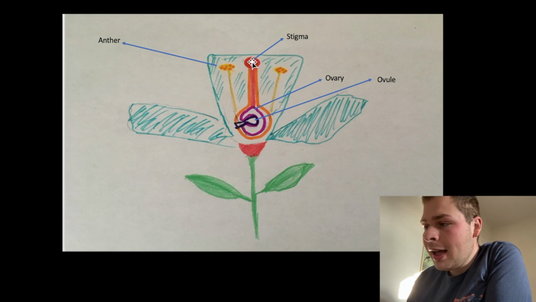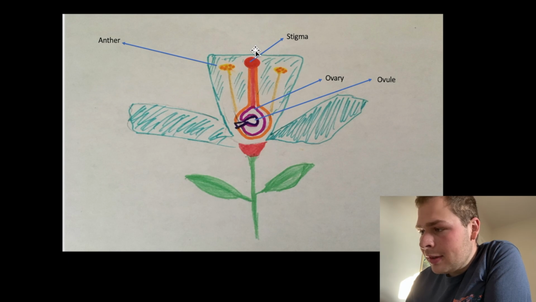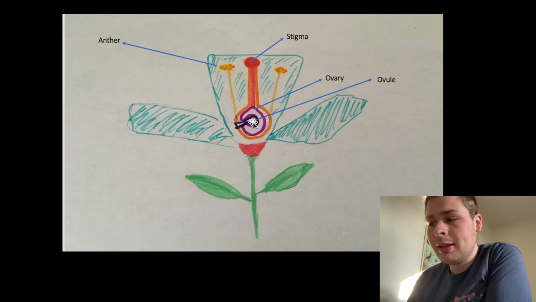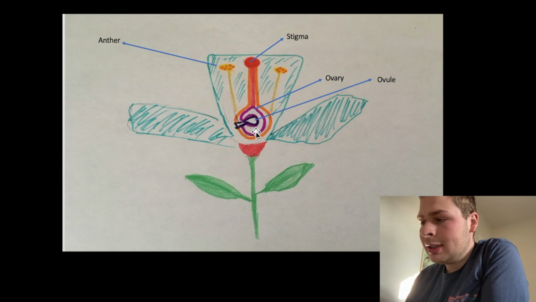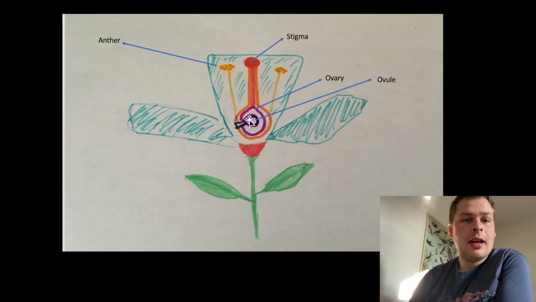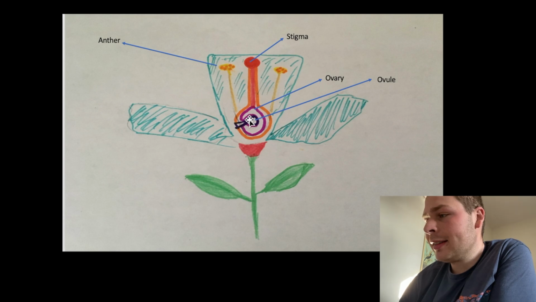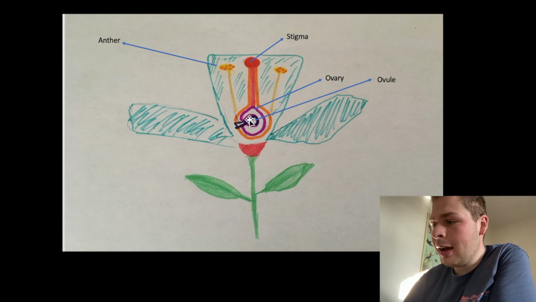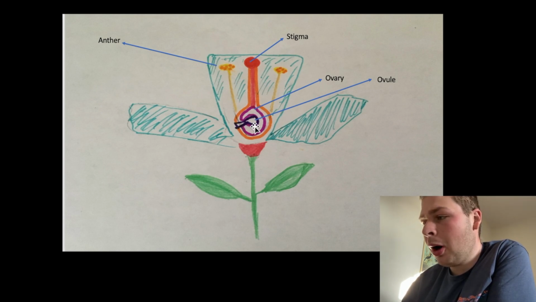So what will happen then is that pollen will come down this tube and it'll reach the ovule, and that is how the plant will be pollinated. So the fruit or seed will be developed down here. So what pollinators do is they come to collect either nectar, which is further down here in the flower, or pollen, and they accidentally transfer it to the stigma. So that's how pollination works.